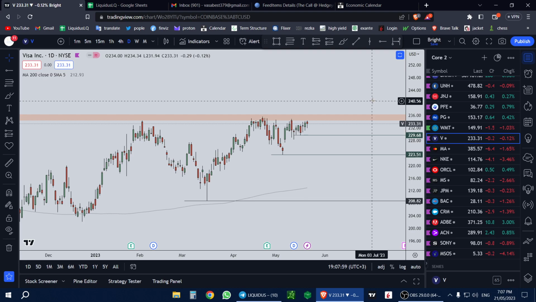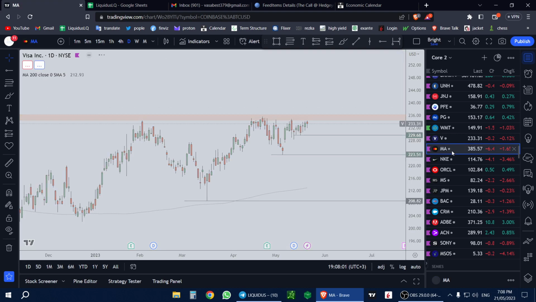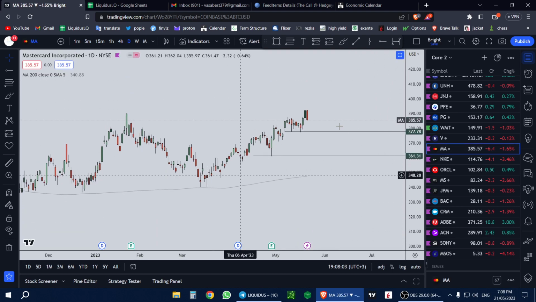We expect a slow, continuous repricing of Visa and MasterCard higher. Maybe due to this more reflationary sentiment in the equity space, we might get an actual retracement of these so-called safe haven equities like Visa and MasterCard.